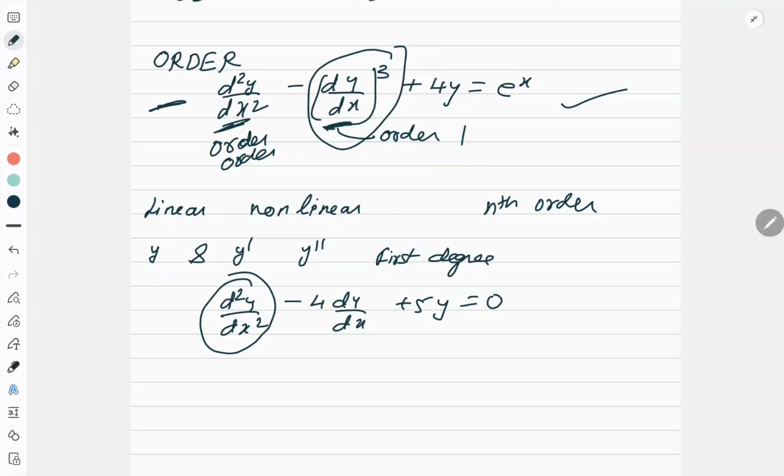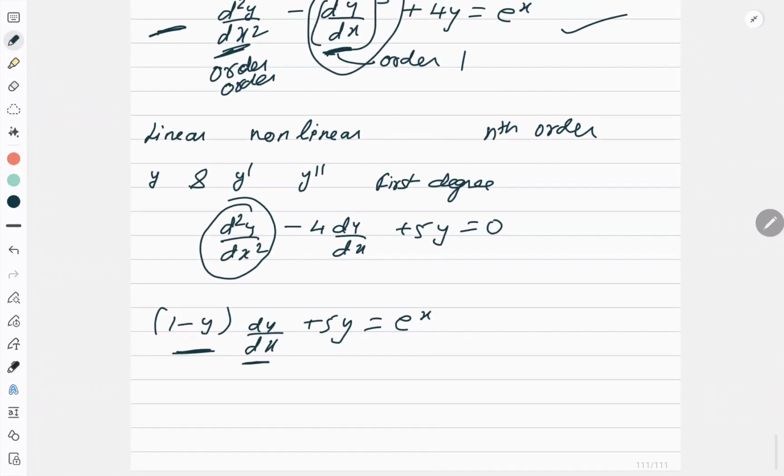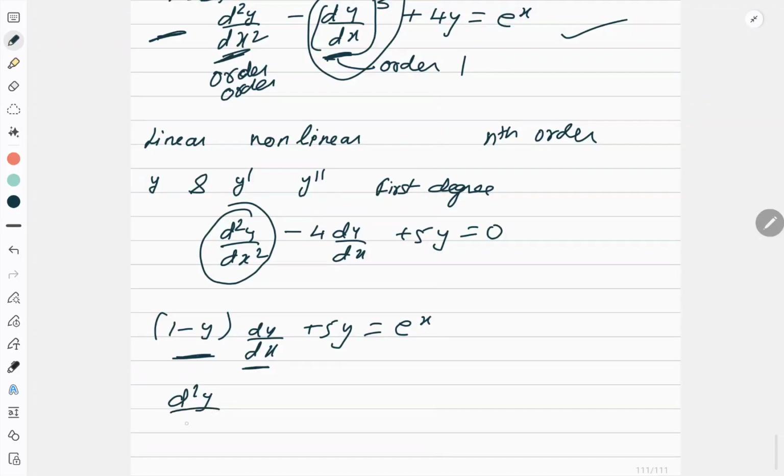It contains a non-linear function or some power of the derivative. For a simple example, if I write (1 minus y) dy by dx plus 5y is equal to e to the power x, see, these are coming in product, so that creates a problem. Same way, if I write d2y upon dx square plus sin y is equal to 0.